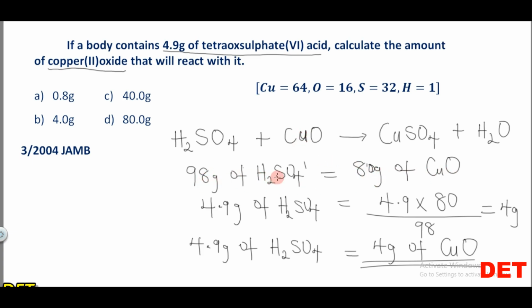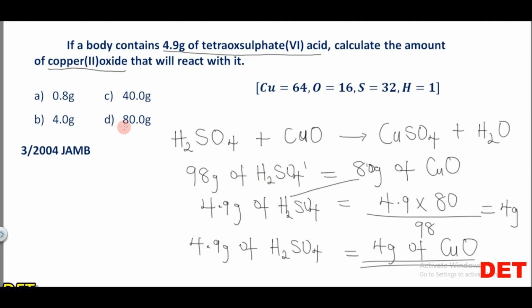So 98 grams of acid would need 80 grams of copper(II) oxide. Then to find the mass of copper(II) oxide that will react with 4.9 grams of the acid, you multiply 4.9 by 80 and divide by 98, and that gives you 4 grams of copper(II) oxide.